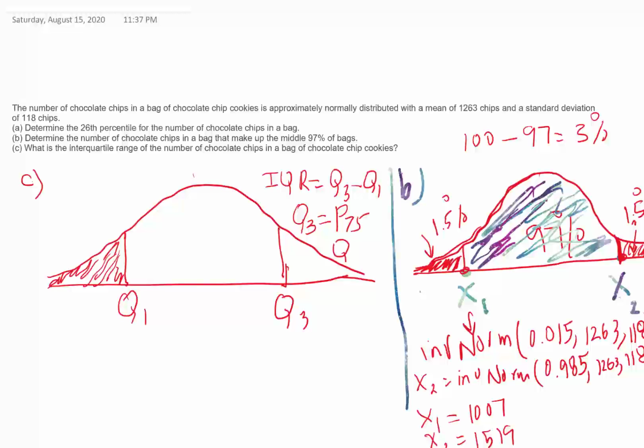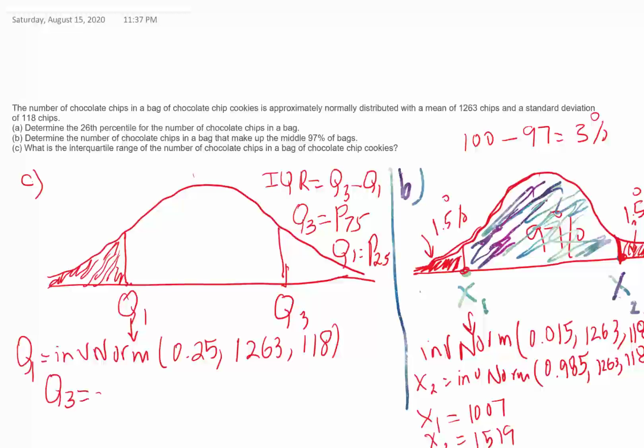And Q1 is the first quartile, which is the 25th percentile. So for Q1, how do I find this value right here? It's going to be inverse norm. Just use 0.25, and put the 1263, the mean, and then the standard deviation, which is 118, and find the answer. That's Q1.